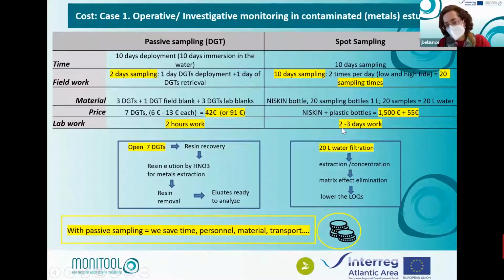Depending on the condition of the laboratory, you need 2 or 3 days of work. So for operative and investigative monitoring, it's clear that with passive sampling we save time, personnel, material, and transport to get the same quality of data as with spot sampling. So passive sampling is cheaper in that case.